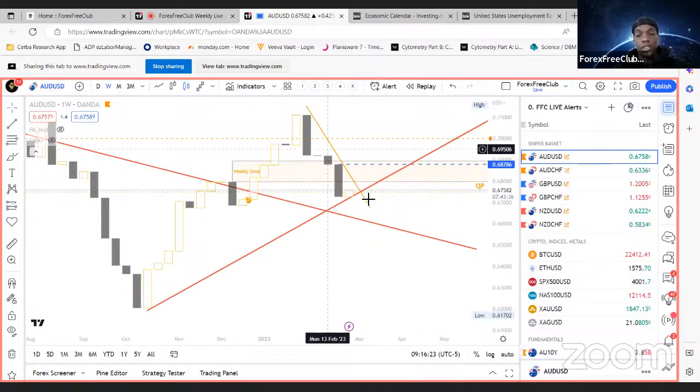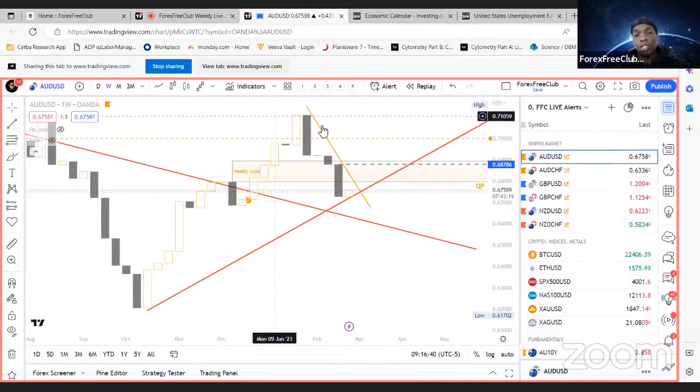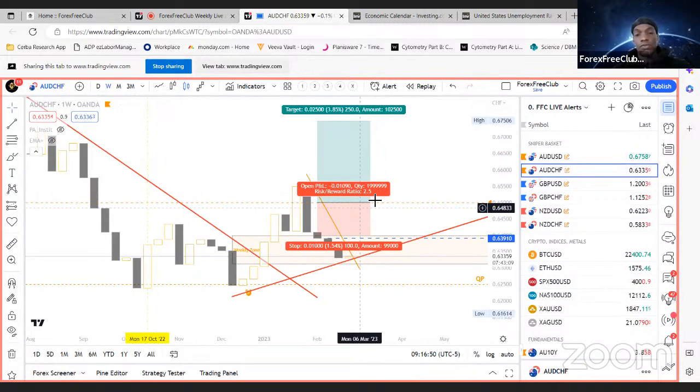We have this weekly counter trend downtrend. Obviously structure is still bullish. Higher time frame structure, we broke our bearish structure, have equal highs at this high right here. So it will be interesting to see if we can sweep the liquidity above these highs before retesting possibly and looking for higher pricing. So let's look at AD Swiss franc.